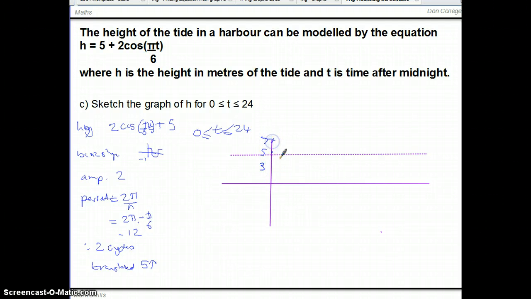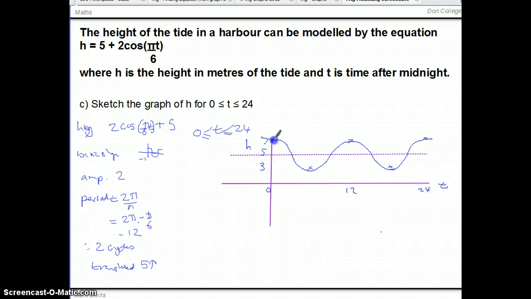It starts there. Now if this is 0, 12 and 24, and this is t here, we should also label h is that axis, and it's going to come all the way up to there and then all the way up to there again, and the lowest point is going to be there, that's at 3, and then we should just try and sketch it in as best we can. Try and keep it fairly neat. There we go.